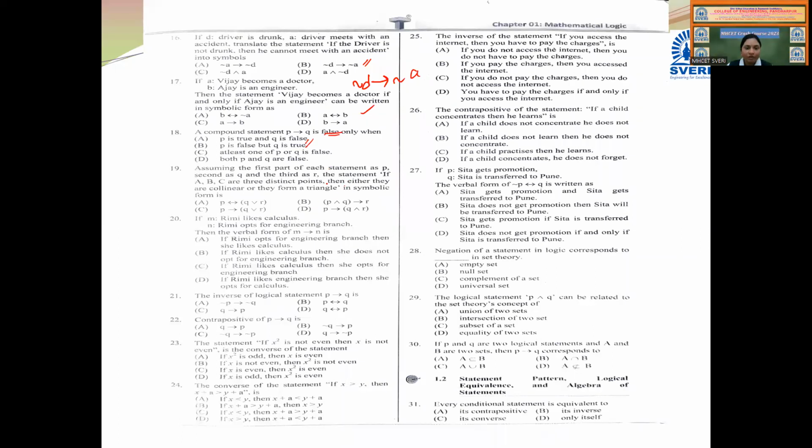Assuming the first part of each statement as P, second as Q, and the third as R, the statement: if A, B, C are three distinct points, then either they are collinear or they form a triangle, in symbolic form.